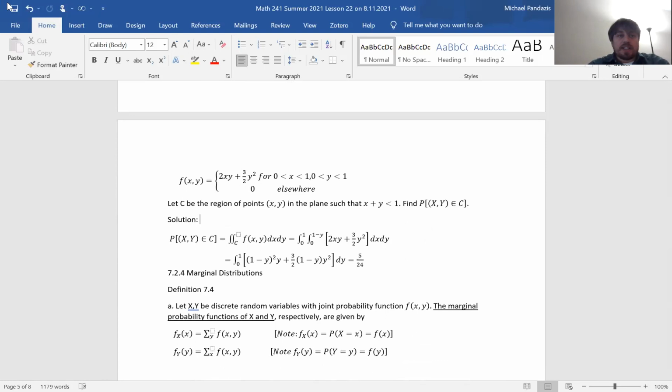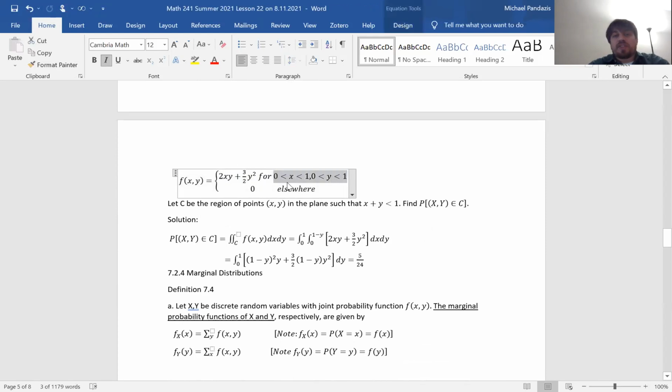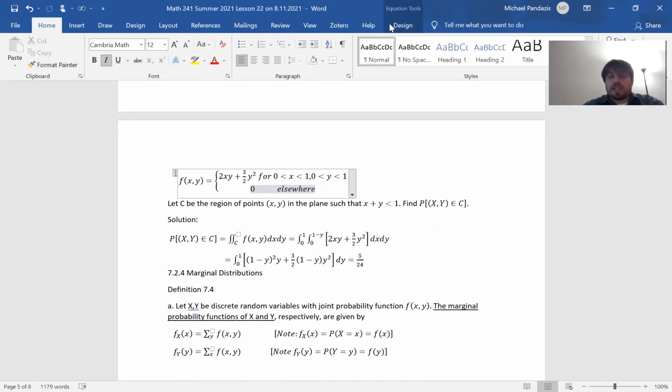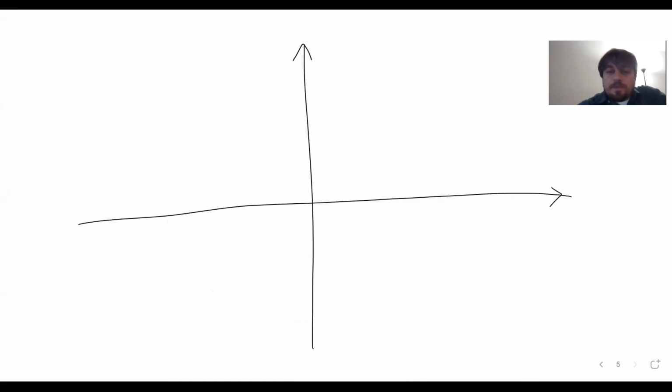Okay, so let's draw a picture of this situation. Little f is only non-zero if little x is between 0 and 1 strictly, and little y is between 0 and 1 strictly. So let's look at the whiteboard. We have the x and y plane, right?